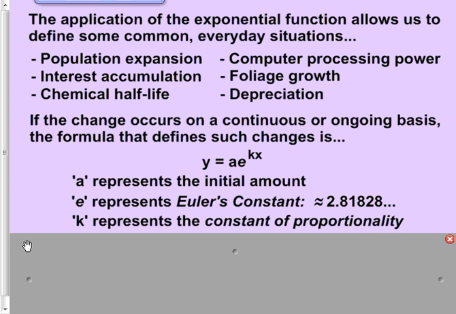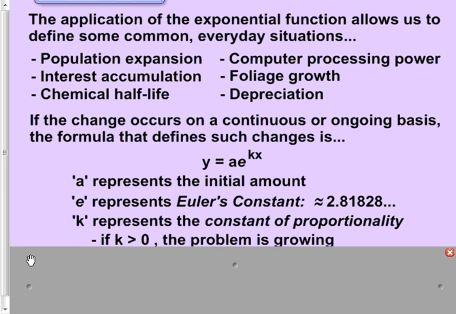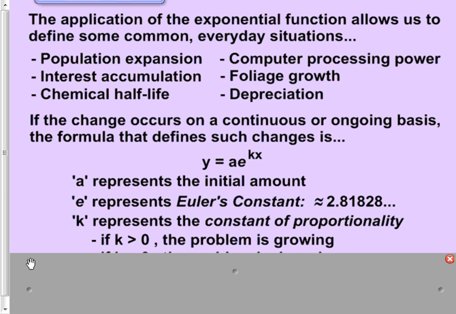So some basic properties of K are, if K is a number that is greater than 0, meaning it's going to be positive, then the problem is growing. So if you see a positive exponent, that is growth.